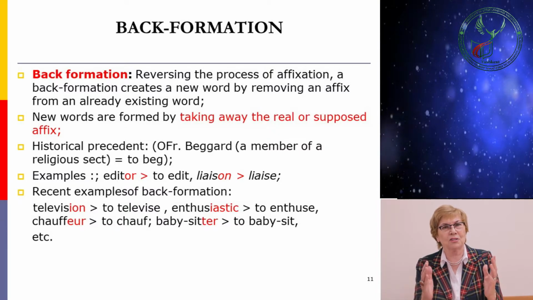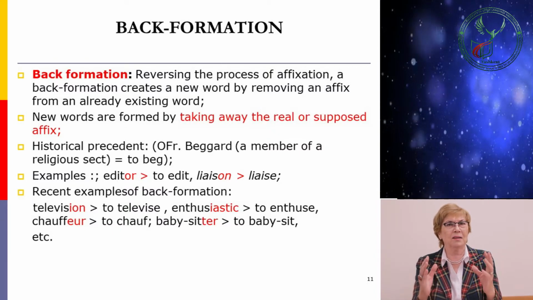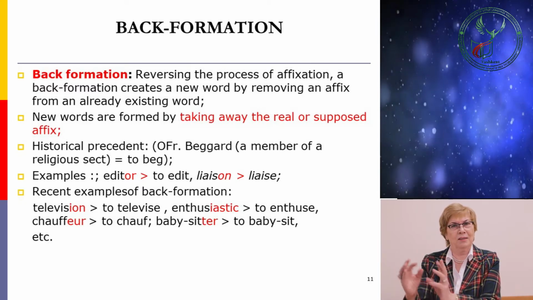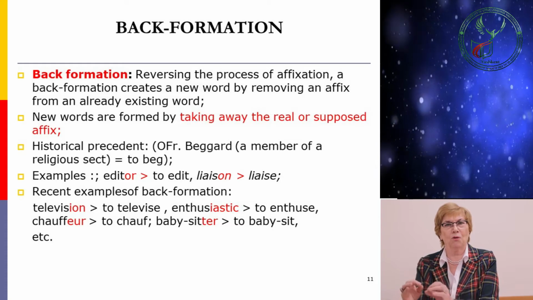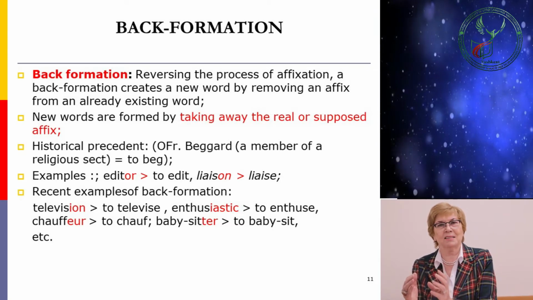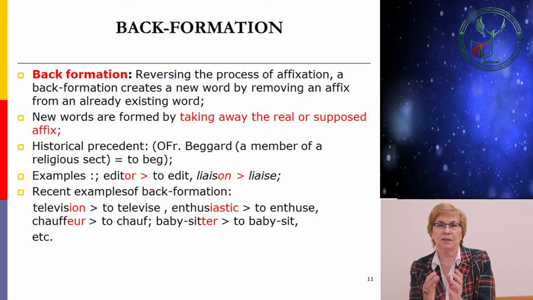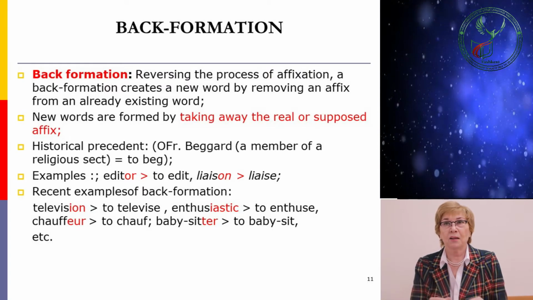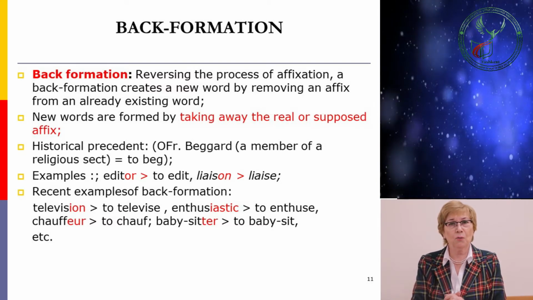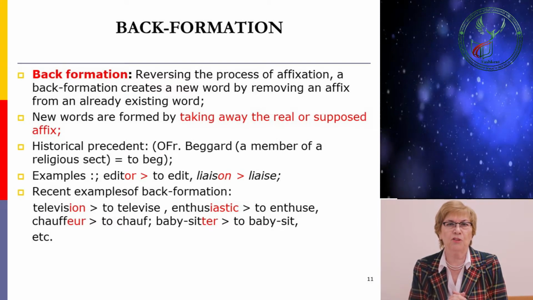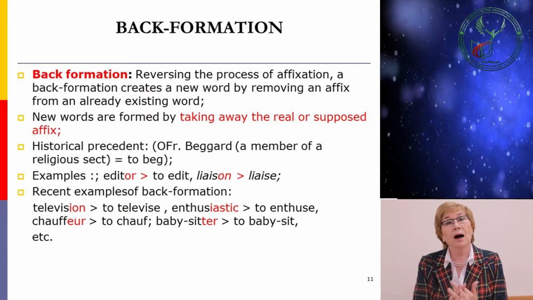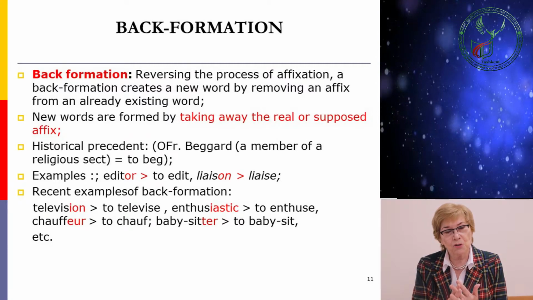something in its construction, in its structure, reminds us of a derived word. And why not take away that part which reminds us of a suffix, which tells us that this word might be shortened to create a new word. The tradition comes from the word beggar. The word beggar was borrowed into the English language somewhere in the 12th century. And it was pronounced beggard, of course, in the French way.